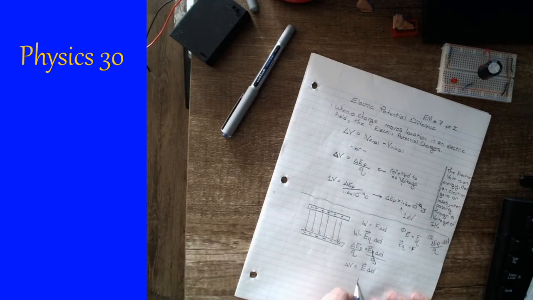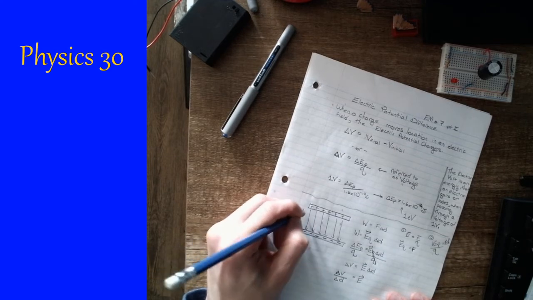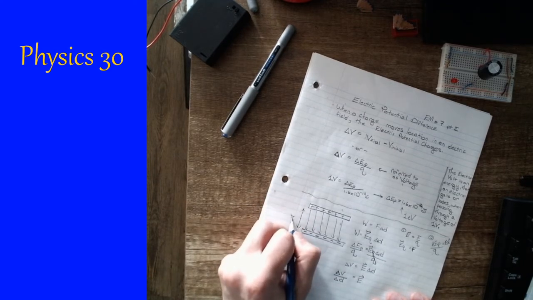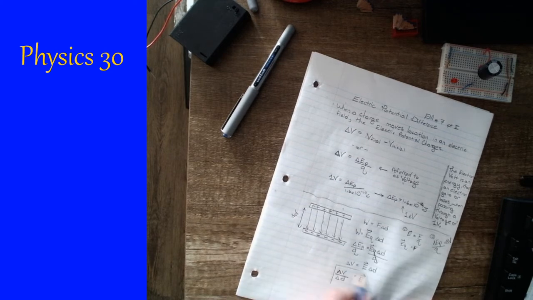which is that the electric field between two parallel plates is represented by the voltage divided by the distance. That distance being how separated the plates are. This is pretty key.